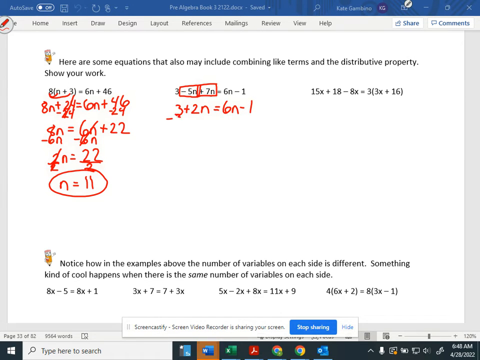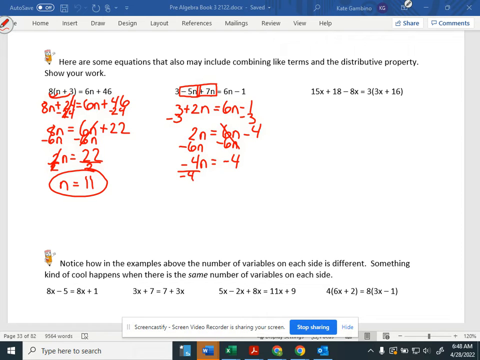So I'm going to subtract out my constant. So I have just 2n. And then I have 6n minus 1 minus 3 gives me a negative 4. So now I'm going to move my 6n over. 6n minus 6n cancels out. 2n minus 6n is negative 4n equals negative 4.